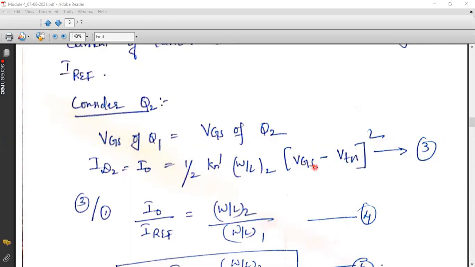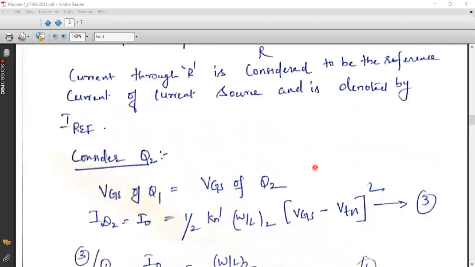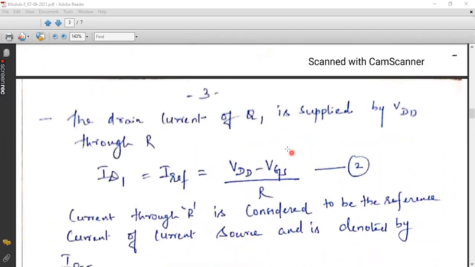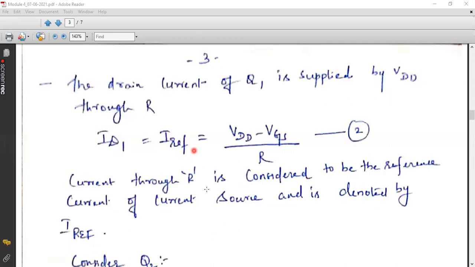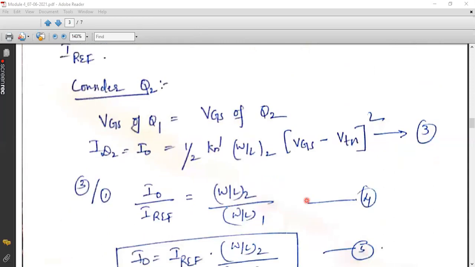I'm not using VGS1 or VGS2 because the gate source voltage is the same for both transistors. So we will make it VGS itself.